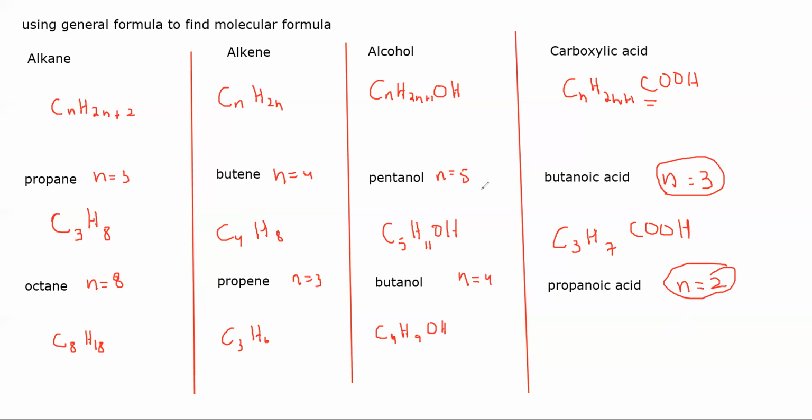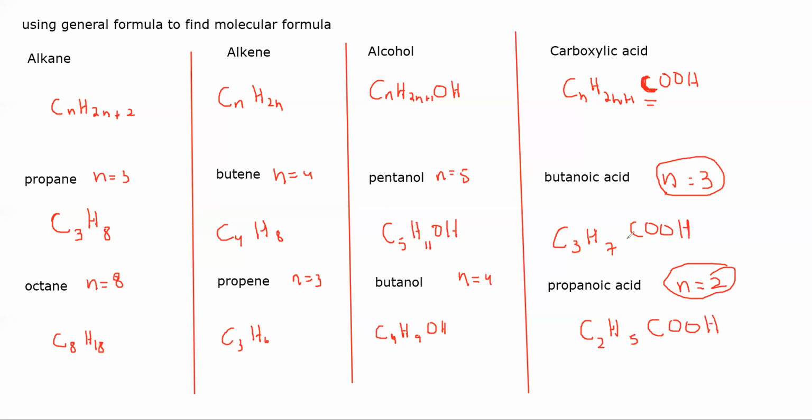Why again? Because in the general formula, 1 carbon is already included. So 1 carbon is already there, so we need 2 more. That's why the value of n is always 1 less. So it will be C2H, 2 multiplied by 2, 4, plus 1, 5. So C2H5COOH.